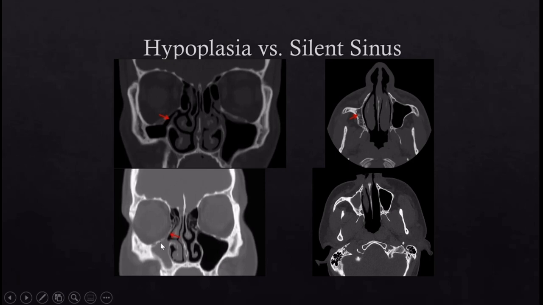Because it can't drain, the sinus is now opacified, and it gets smaller over time in this condition called silent sinus. Not only that, but the floor of the orbit comes down as the sinus gets smaller, and you get enophthalmos because the orbital volume increases. So just remember that not all small sinuses are small because they are developmentally small or hypoplastic. Some of them are pathological.